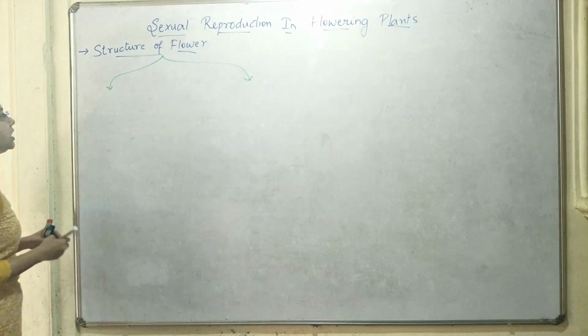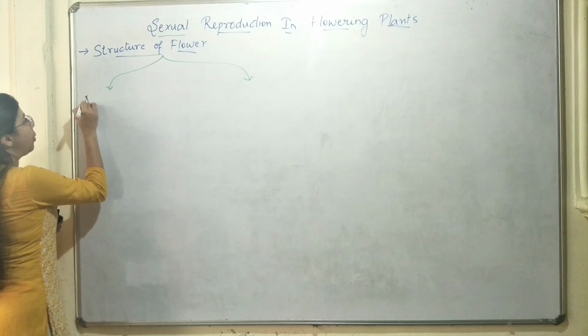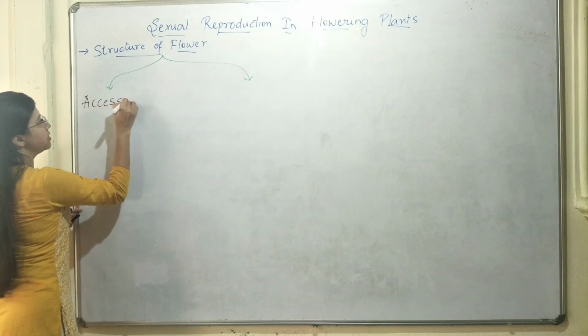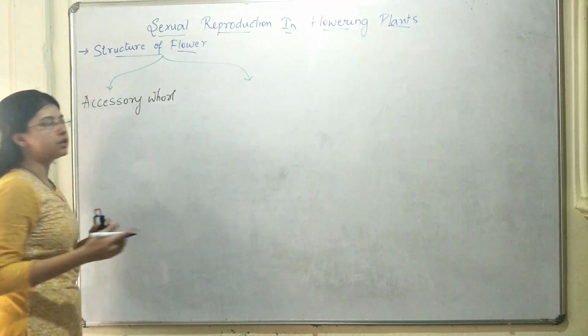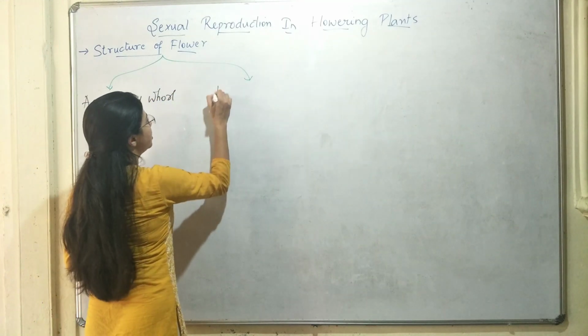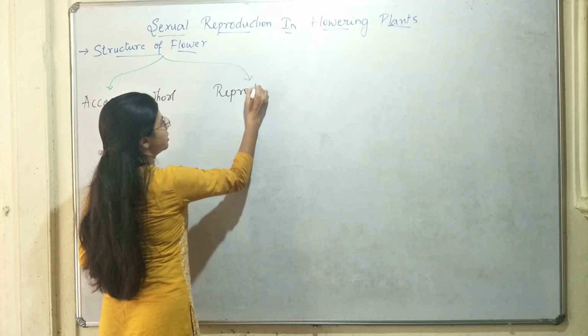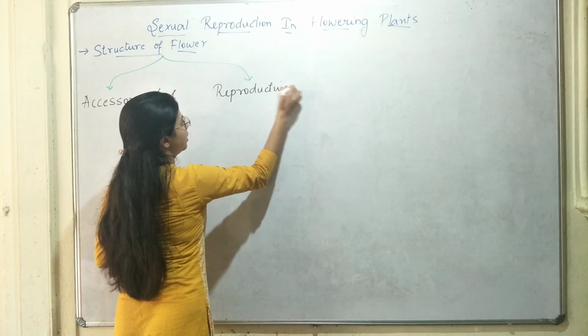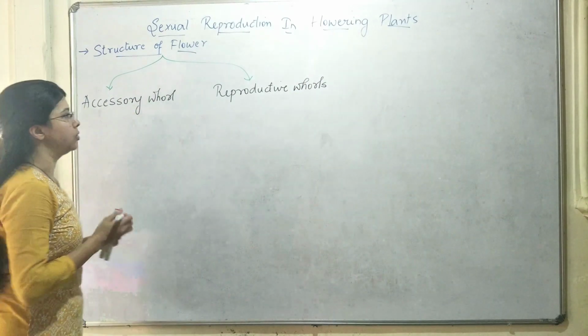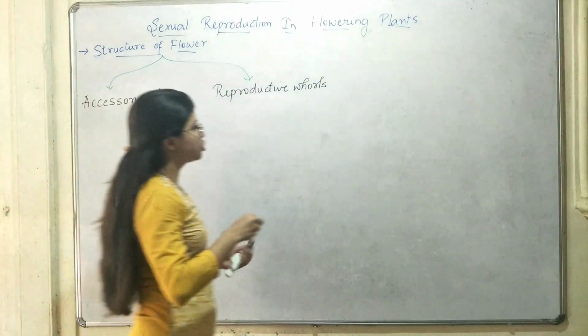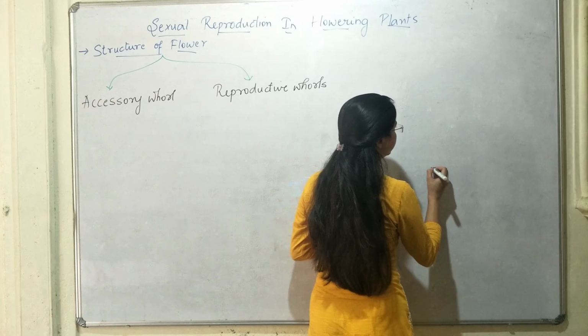You must have studied these even in 11th standard. One whorl is called the accessory whorl, or the non-essential whorl, and the second whorl is the reproductive whorl, or the essential whorl. Okay, let us draw the structure of a flower now.